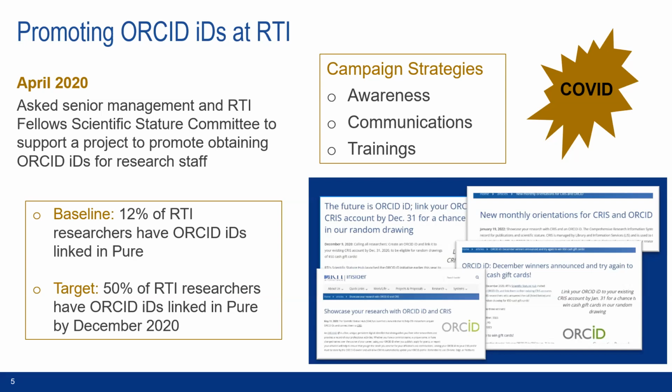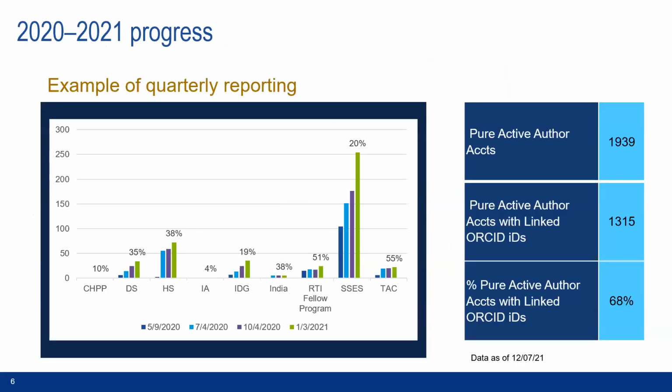And so, as Sheila said, we focused on awareness, communication, and training, and it was fairly successful. We worked with a lot of other institutes. We did a lot of reporting. Our business units are very competitive, and so we provided them with percentages tables showing how they were doing in relation to the other business units, and that would spur a little bump when that information went out for people to add their ORCID ID.